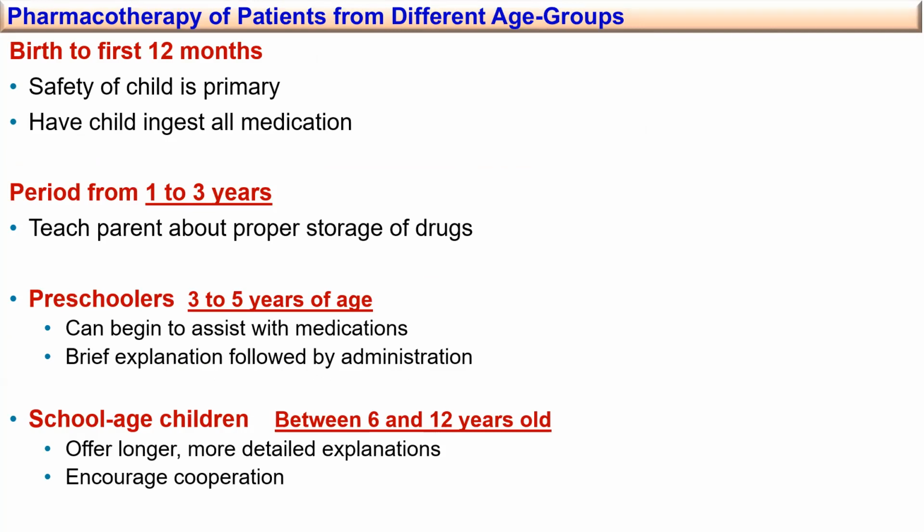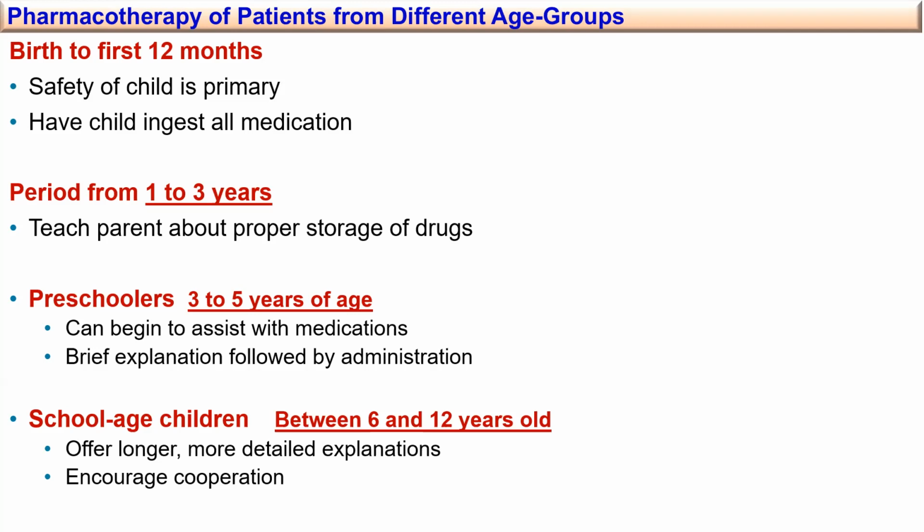How the child ingests all medications, it is difficult to estimate how much is lost if spit up, and the nurse or parent should be aware of special procedures for drug administration. For example, the child should be held or cuddled while medication is administered to ensure that the baby has taken all the meds.